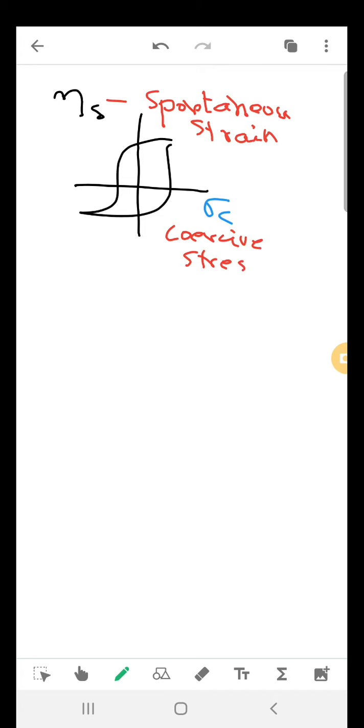So coercivity is basically this region, and this is the spontaneous strain.